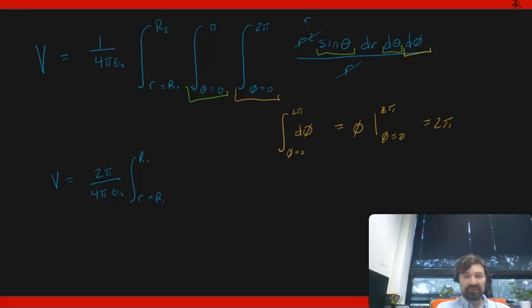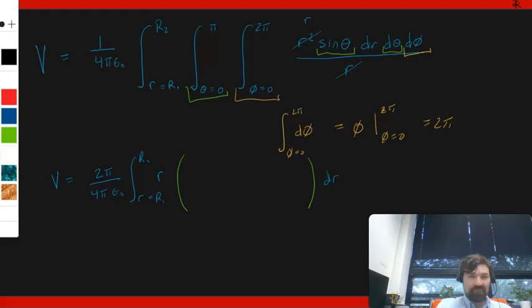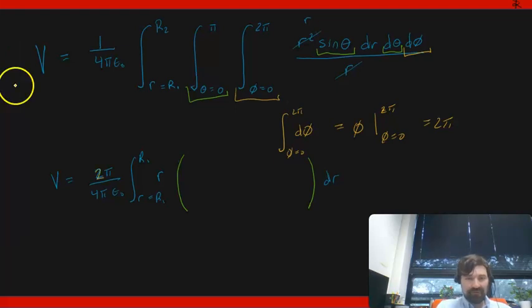And then if I pull the r parts out, I have r, then I have what's left in here, and then I have a dr. This 2 pi term came out of that first integral.